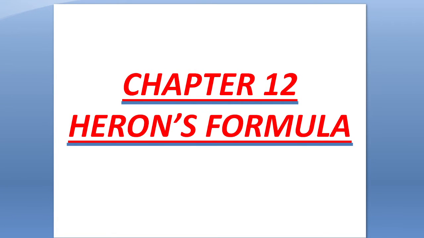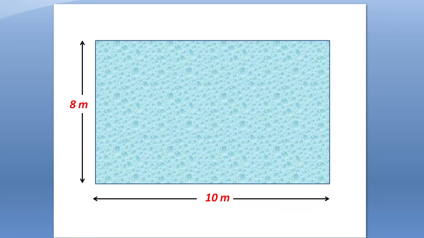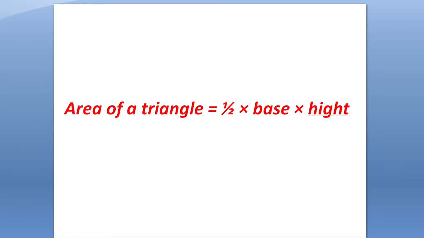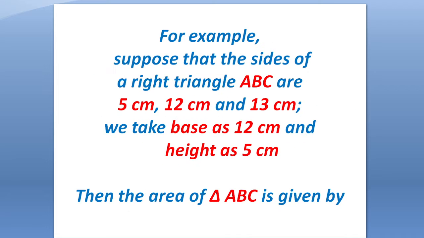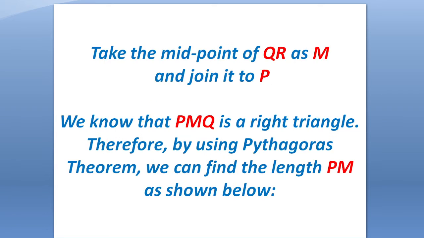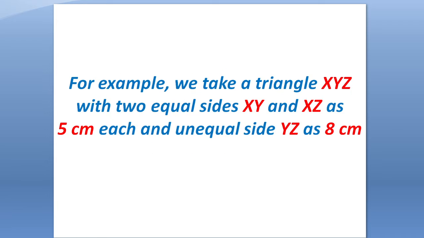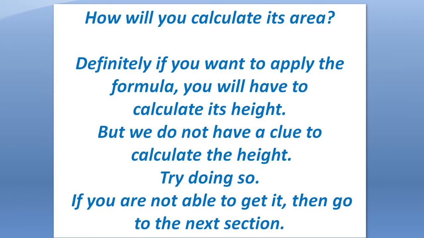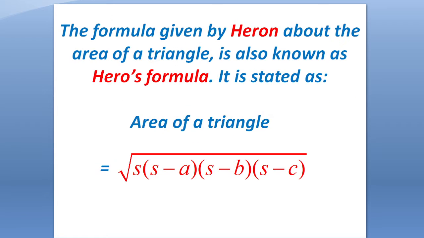In chapter number 12, Heron's formula, we studied perimeter and how to find the area of a triangle if it is right angled, isosceles and equilateral. So all these we discussed in our last period.